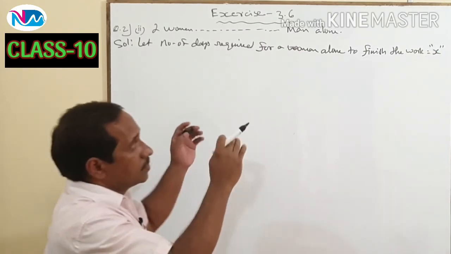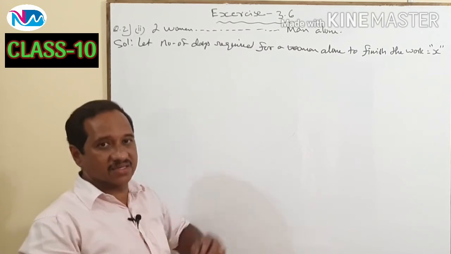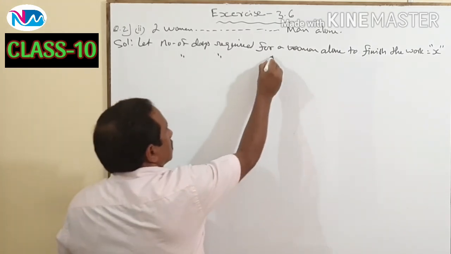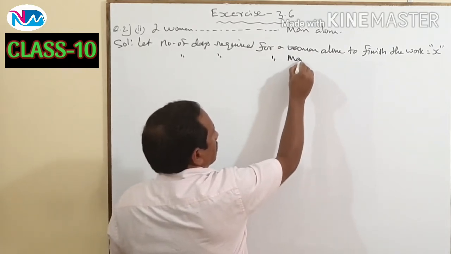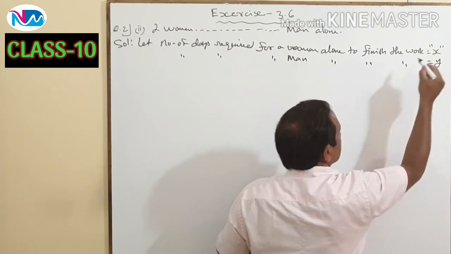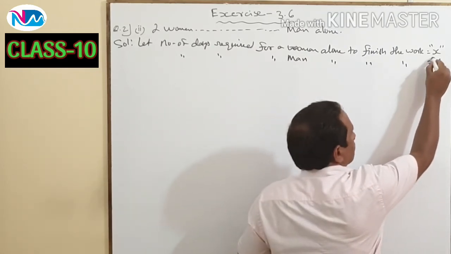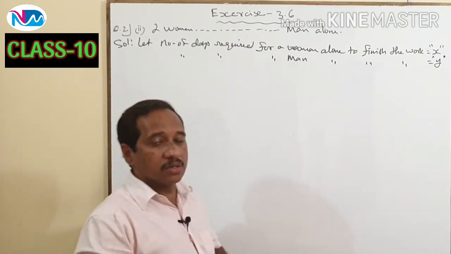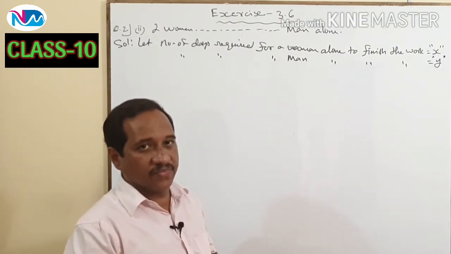That means a woman can finish the work in x days, and number of days required for a man alone to finish the work is equal to y. That is, a man can complete the work alone in y days.